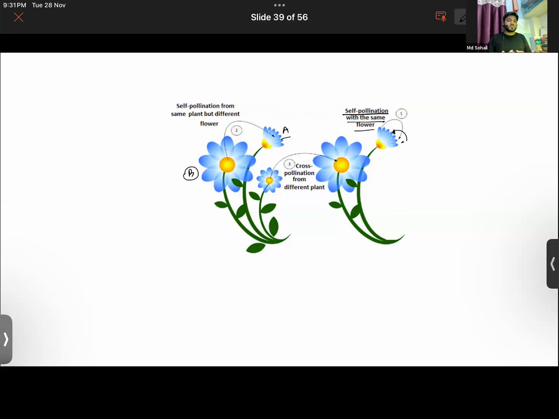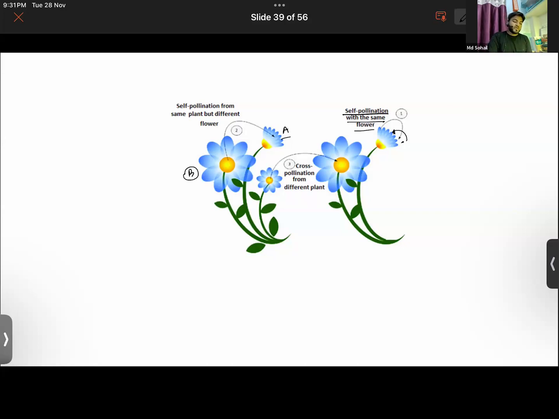Oh, the second pollination that you said, it is a type of cross-pollination, right? No, it is self-pollination. Cross pollination happens when you have got two plants which are different, right? Not different in a manner that they are of different species. They're basically plants.